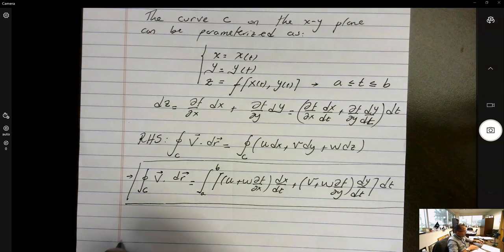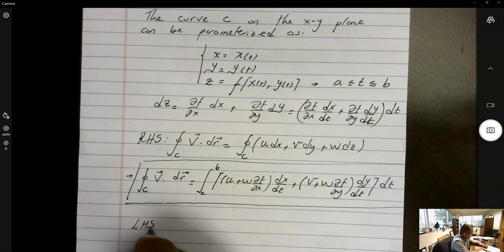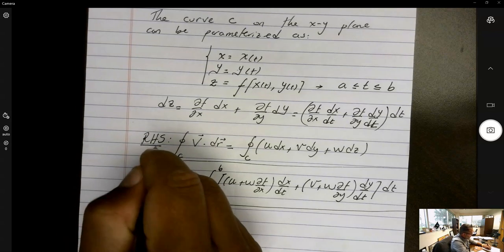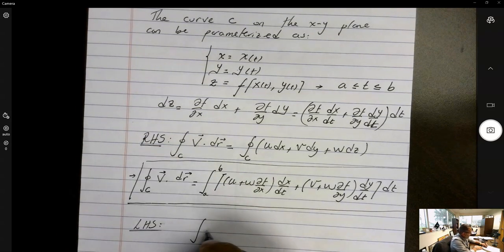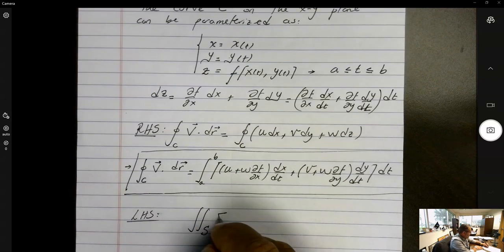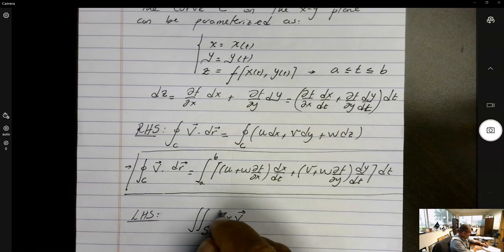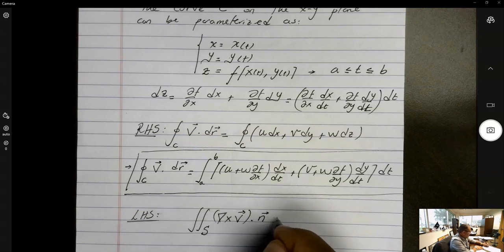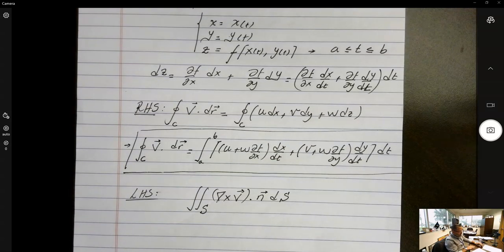Okay. Again, we go back to the left-hand side. This was the right-hand side. The left-hand side, we have the integral over the open surface S of the curl of the vector field v, dotted into the normal vector, differential of surface.